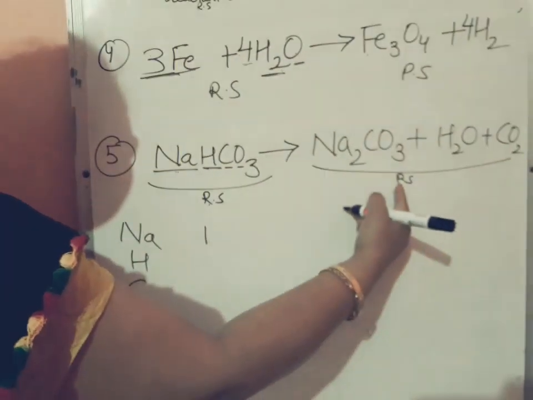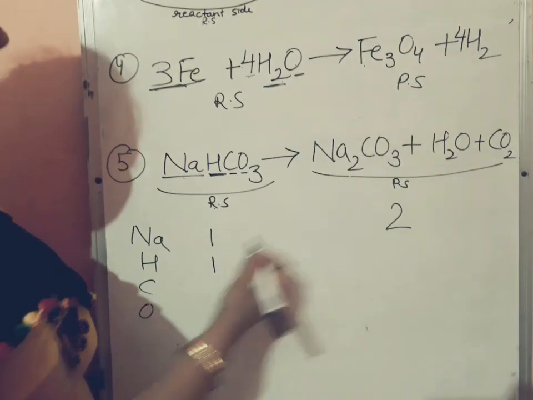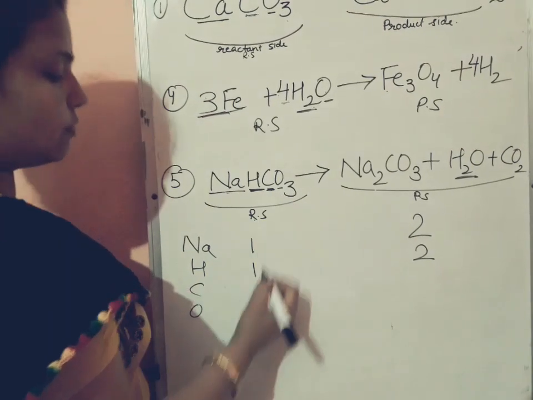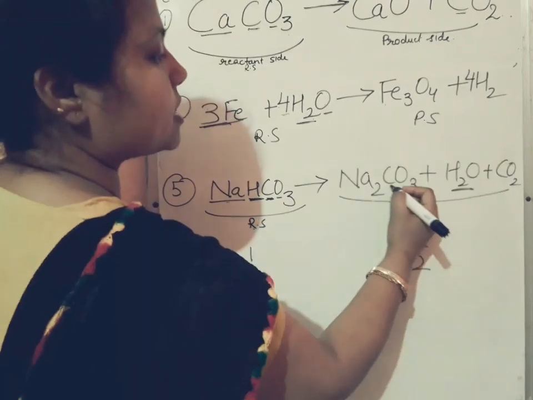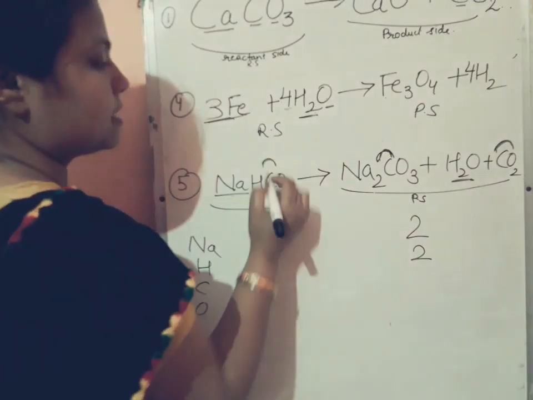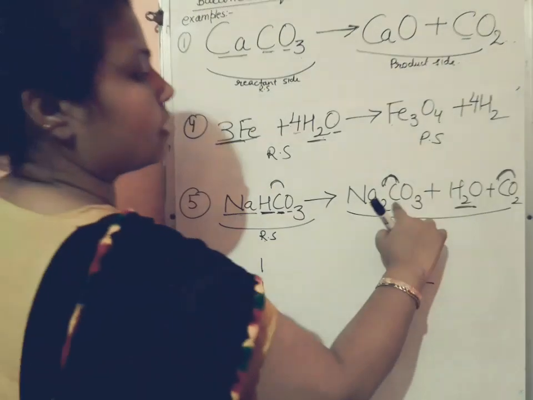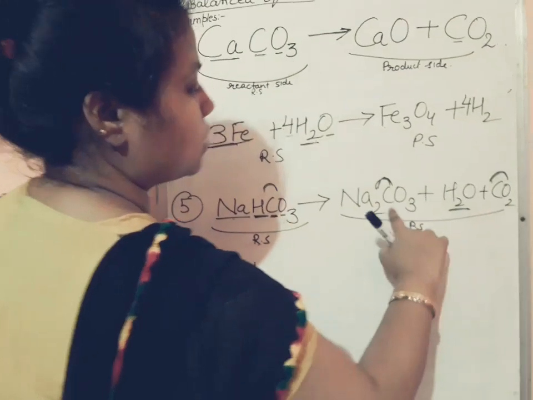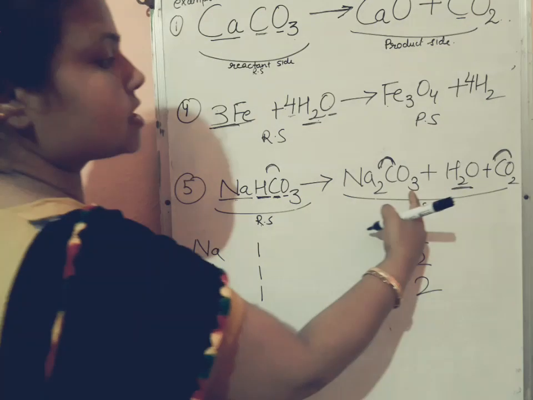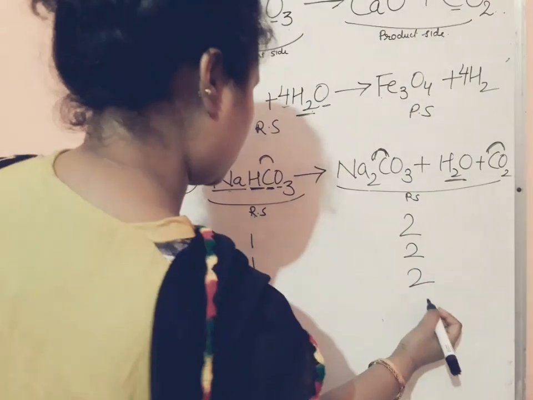How many sodium on the product side? It is 2. How many hydrogen? 1. How many hydrogen? 2. How many carbon on the reactant side? 1. And how many carbon on the product side? See, there are 3 places: carbon, carbon and carbon. Here is only 1 carbon and here total carbon is 1 plus 1, 2. Oxygen, 3 oxygen on the reactant side, and on the product side 3 plus 1 is 4, 4 plus 2 is 6.